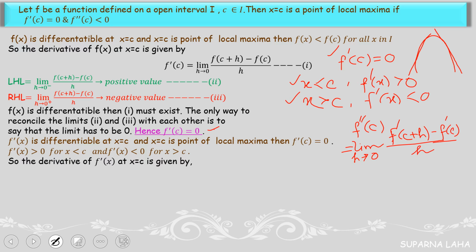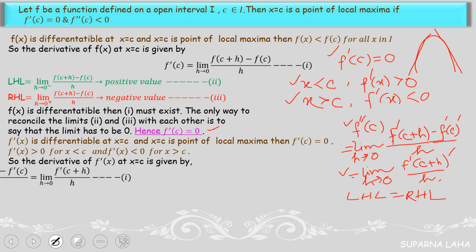Now we know that f dash c is 0, so put the value. So limit h tends to 0 of f dash c plus h by h. Now the sign of this limit depends upon these two values, and this limit exists, which means the left hand limit is equal to the right hand limit.